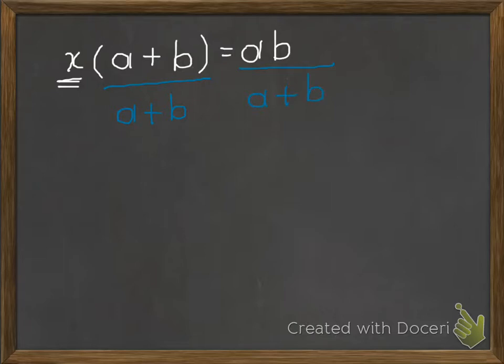Okay, it's going to cancel here, a plus b is going to cancel here, and that's going to leave me with x is equal to a times b over a plus b.